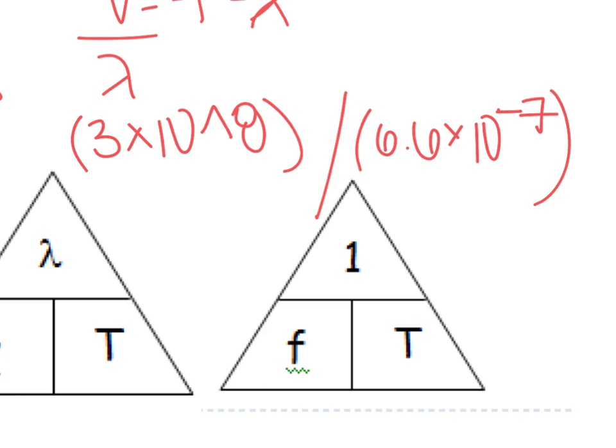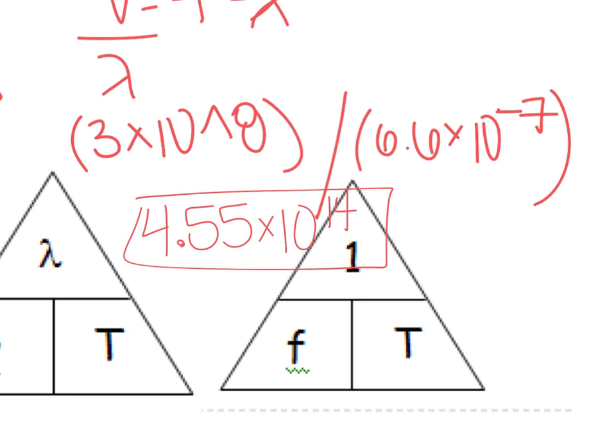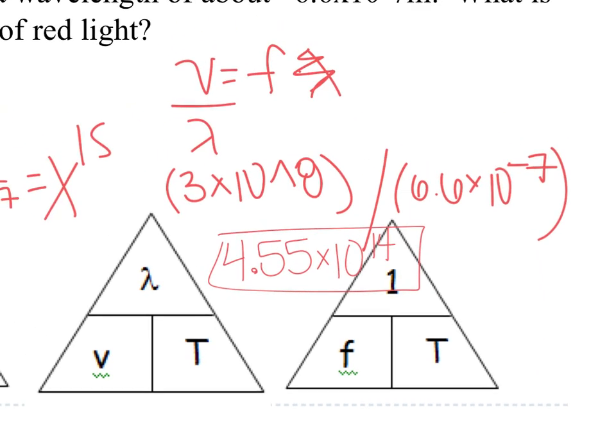I got 4.55 times 10 to the 14th. There we go. Nice. We got a big number. I love it. Now, this is frequency. What would be my units? Hertz. Okay.